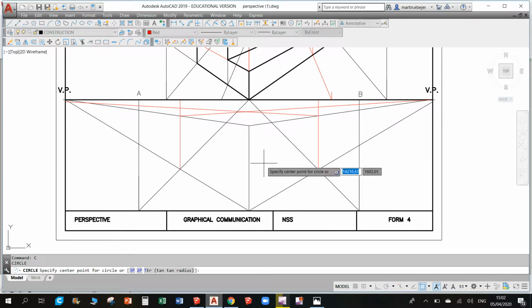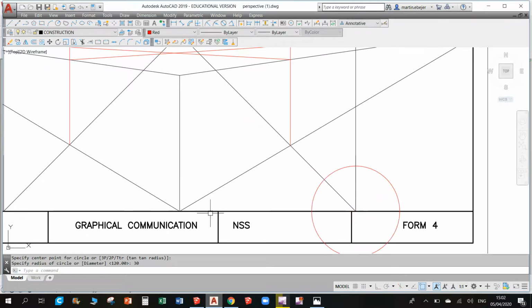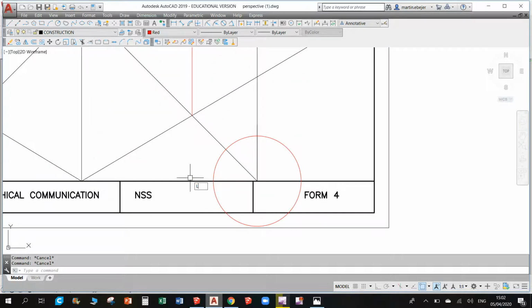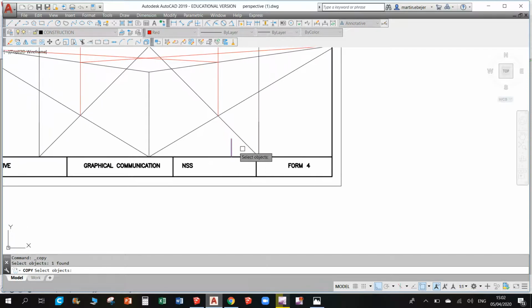So from here I'm gonna measure 30 millimeter, and you can do a point with the ruler and with the pencil. You do just a point. I'm gonna represent a line here as well.